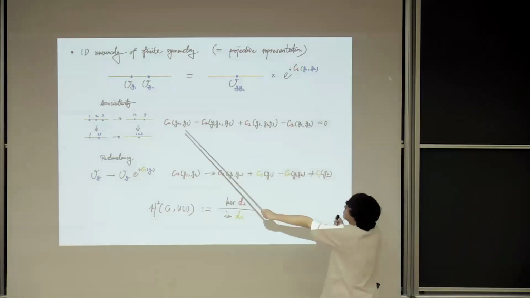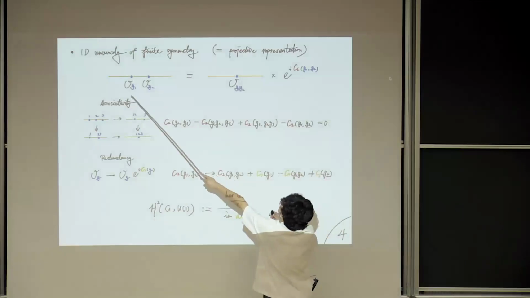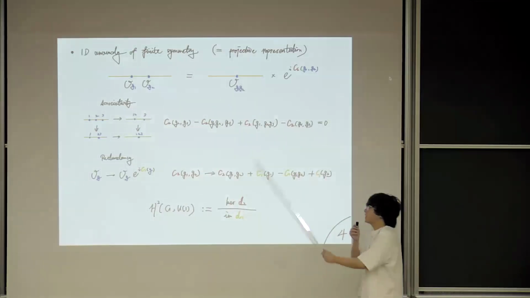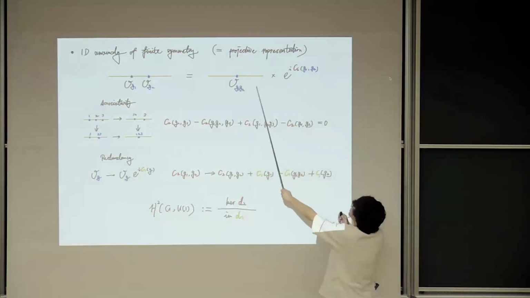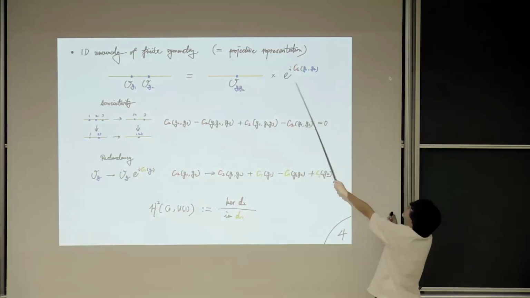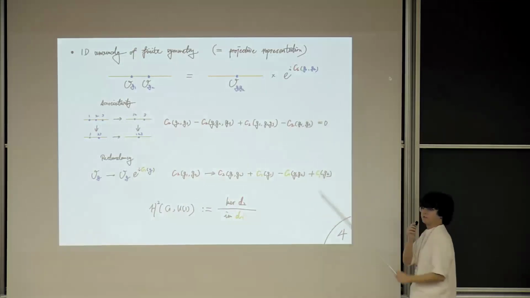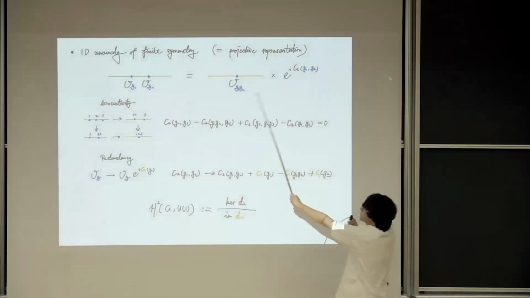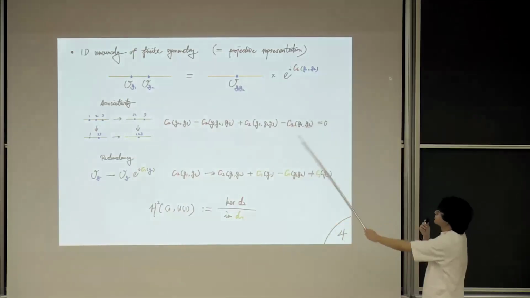We put two operators corresponding to group elements G1 and G2 on this line, and we try to fuse them into a single operator. Then we will encounter some phase. This is just the anomaly, or projective representation.